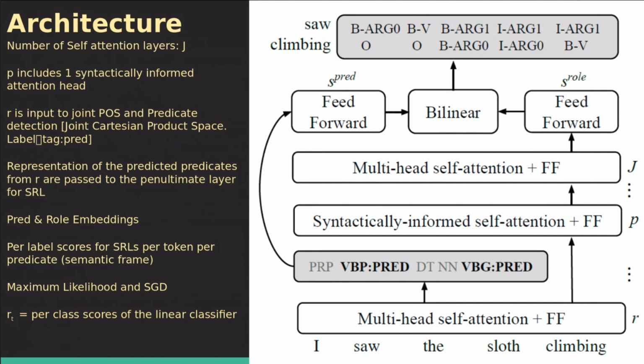You transfer that representation to this latest layer. Don't mind skipping these two for now. And you form this predicate representation. Okay, let's leave it at that for now. Go back to the previous layers. You have a direct connection to a syntactically informed self-attention layer.